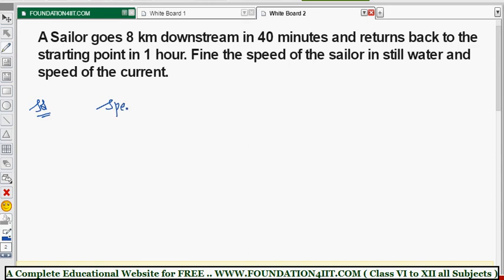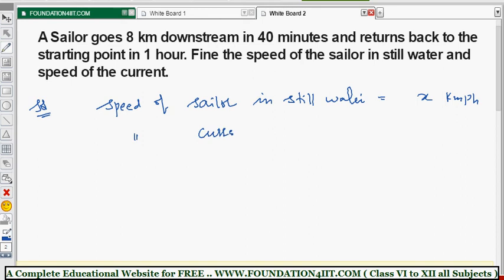The speed of the sailor in still water, when there is no water movement, is the speed of the boat, x kilometers per hour. Then the speed of the current, that is the water speed, is y kilometers per hour. The speed of the sailor in still water must be more than the current, only then can we go upwards.